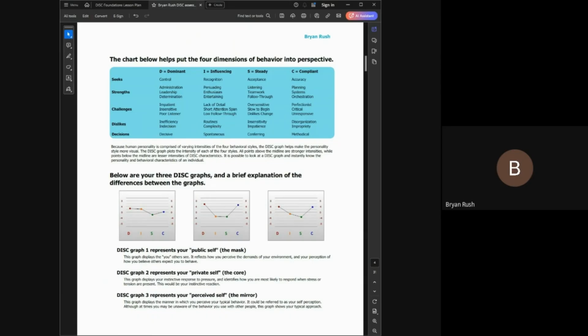For example, my influencing down at decisions, it says spontaneous, so they may make spontaneous decisions. My steady behavior pattern, their decision area may be conferring, meaning they want to get others' input before they reach a conclusion, and so on. Also, for example, my dominant, the challenges section: impatient, insensitive, poor listener, and so on. So it gives you a very quick reference chart right there for the major categories of each style.